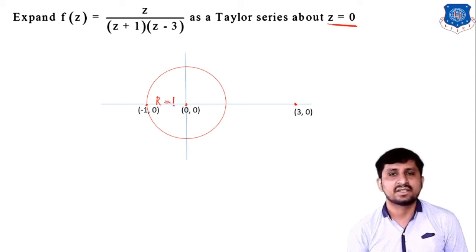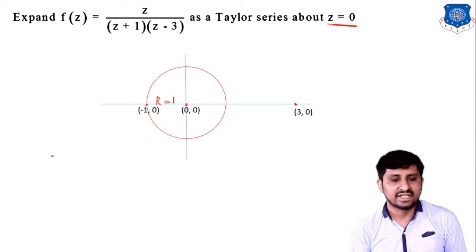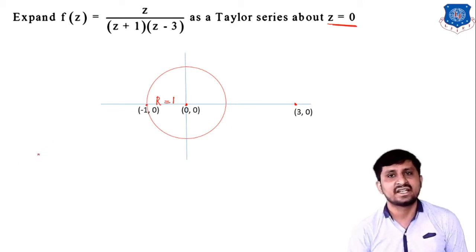If we take r greater than 1, then minus 1, 0 is inside that circle, and that's why the function is not analytic inside that circle. So we have to remember these two important formulas. In each and every example I will use these two formulas.